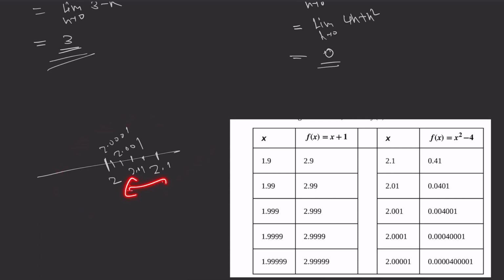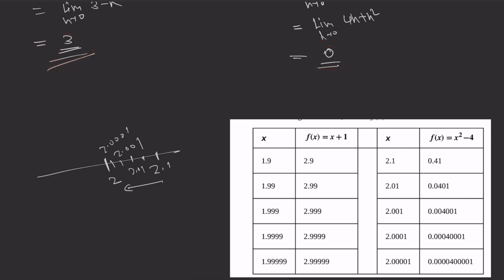As we go towards 2, you can see that the function values are going towards 0. There is a small quantity which is going towards 0. Here we saw from two methods that we are not getting a limit because LHL is not equal to RHL.